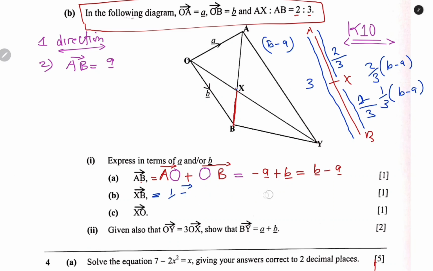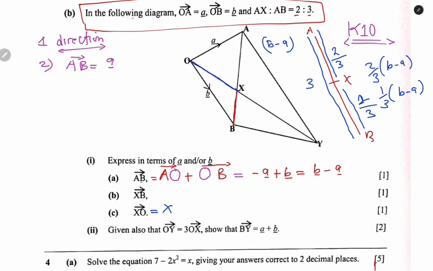XO, so XO. So for XO, which route are we going to take? XO, we are going to take this route, so we can take O. Okay, so we start with X. So XO is going this side, please.